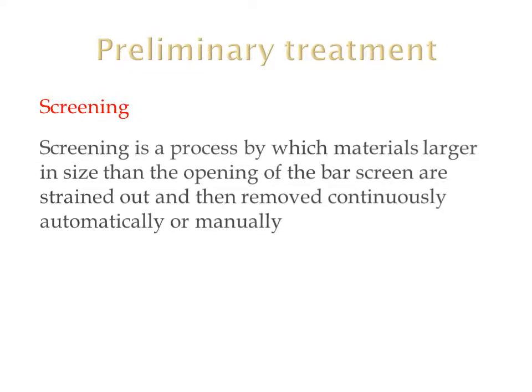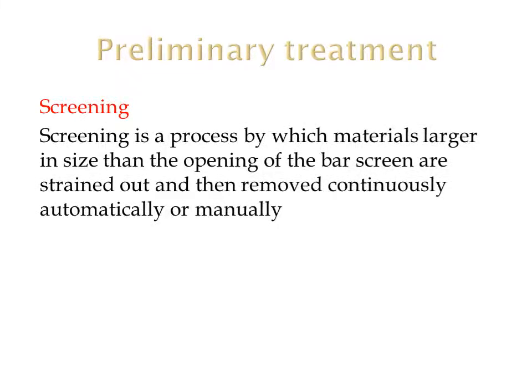Preliminary treatment. Here the preliminary treatment is done by the use of screening. The incoming water passes through the screening equipment, where the large objects which are present in the wastewater are retained, and these large objects are finally washed, pressed, and disposed of in a landfill or any other site.